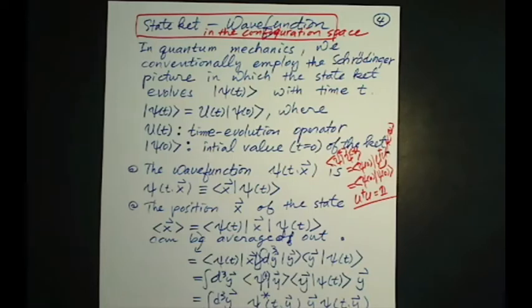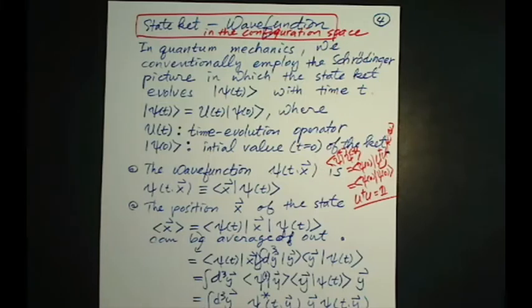In classical mechanics, we consider the particle's motion as position, velocity, acceleration, force, kinetic energy, potential energy, and so on, as a function of space and time.